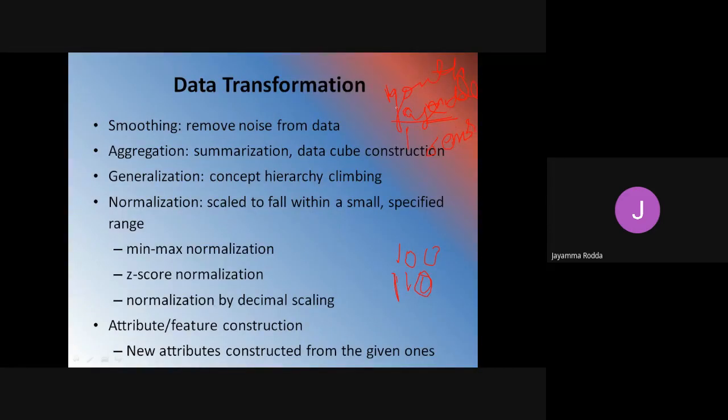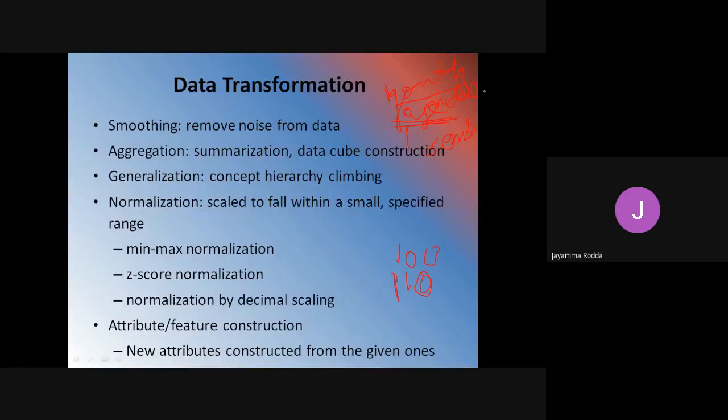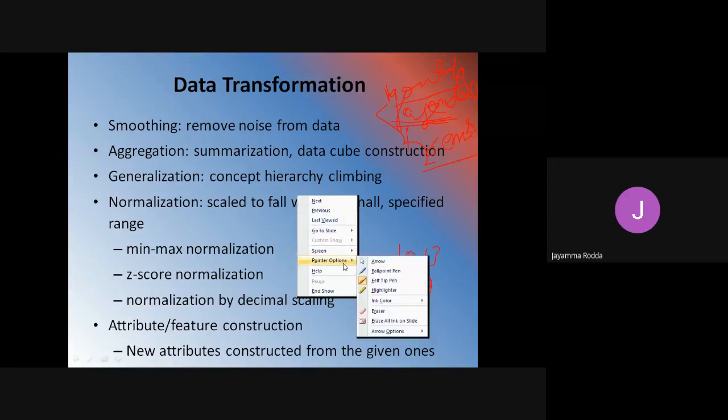So I will put some conditions here. Youth should be below 35, and from above 35 to the remaining, it will be middle aged, and senior will be from above 60. He will be senior citizen. So likewise, I will divide the age groups into three different groups. That can also be denoted as the generalization concept.